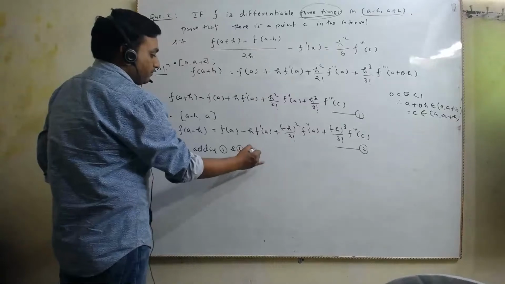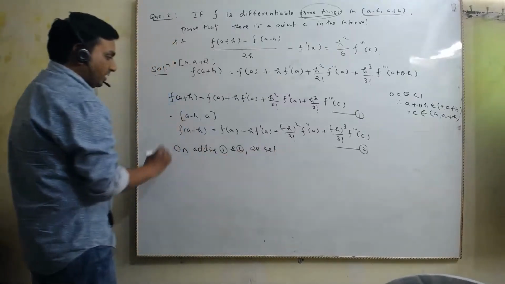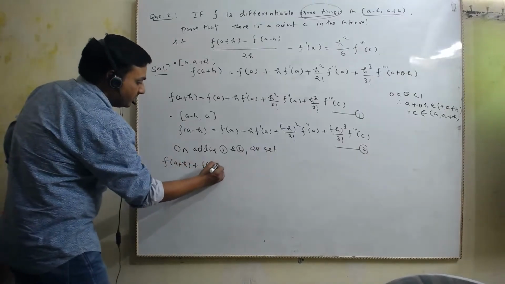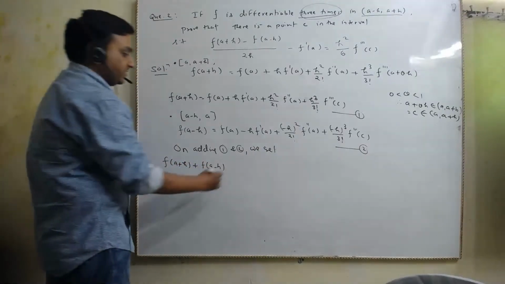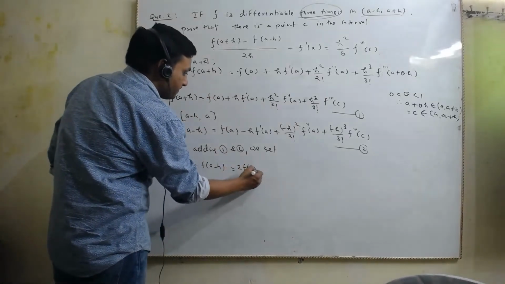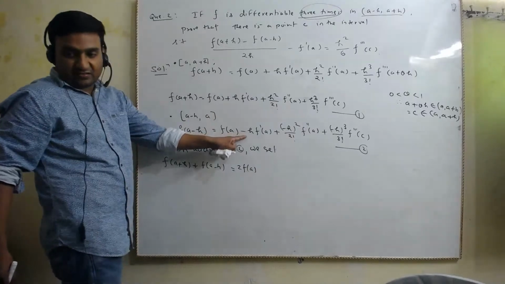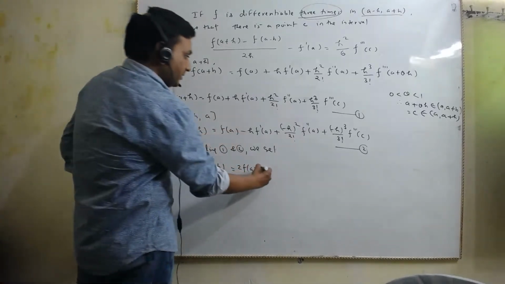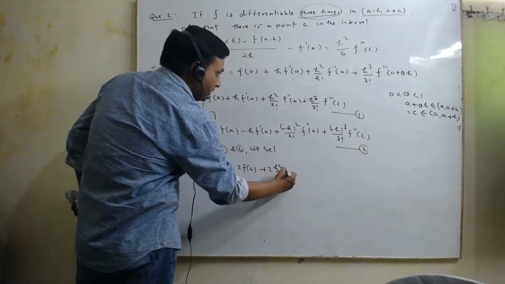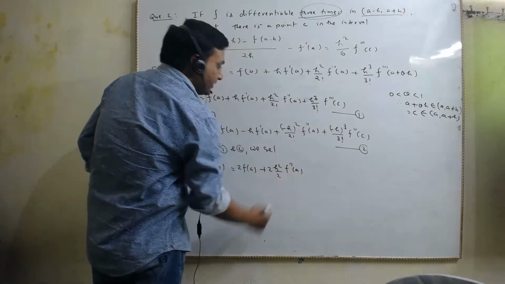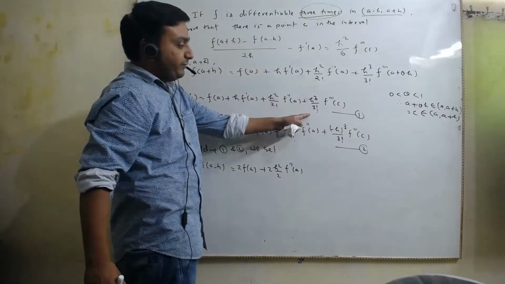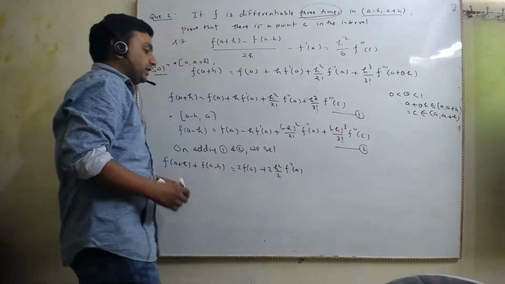Okay, so on adding 1 and 2, what do we get, my dear fellows? f at a plus h plus f at a minus h will become 2 times f at a. This will get cancelled, right? This will be 2 times h square by 2 into f double dash a. This will be h cube by factorial 3 minus h cube by factorial 3.